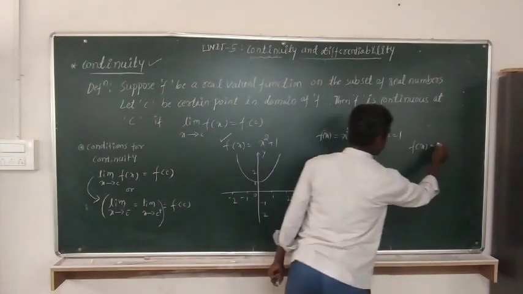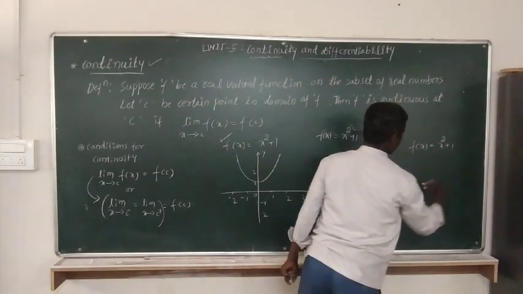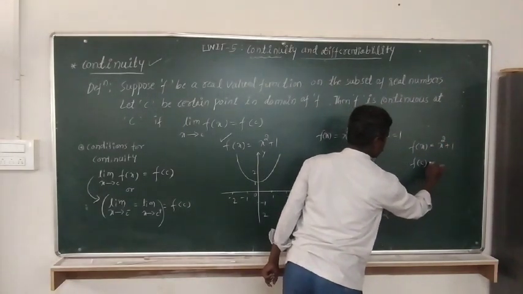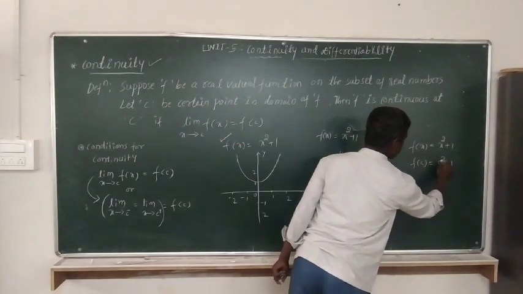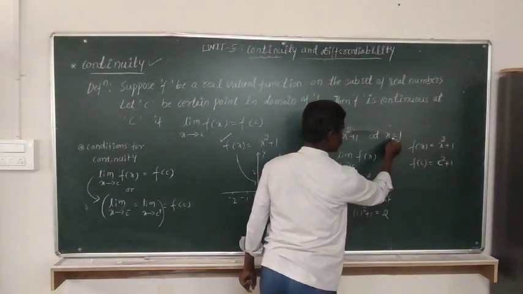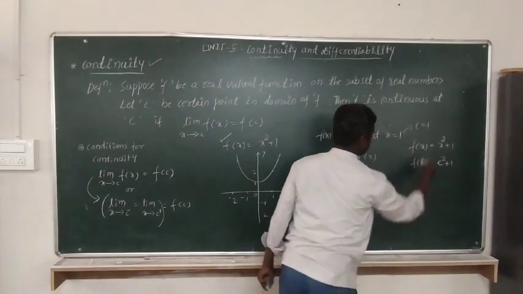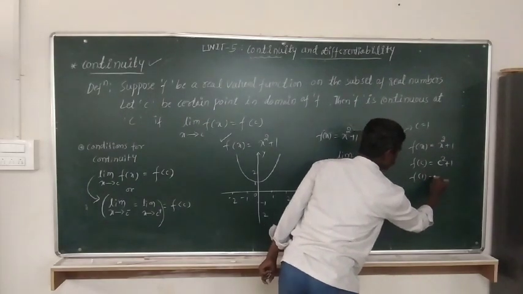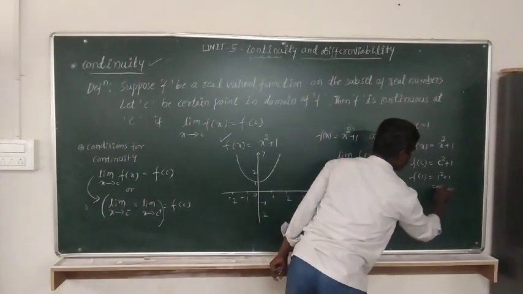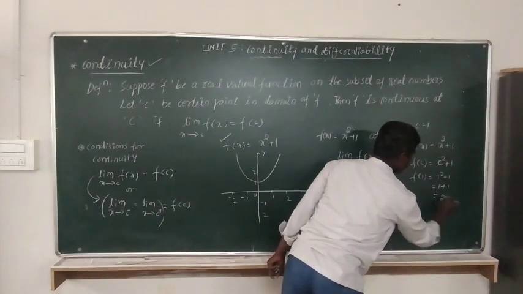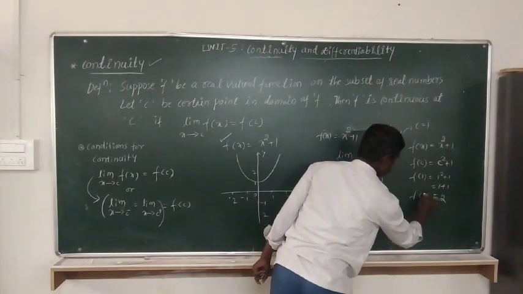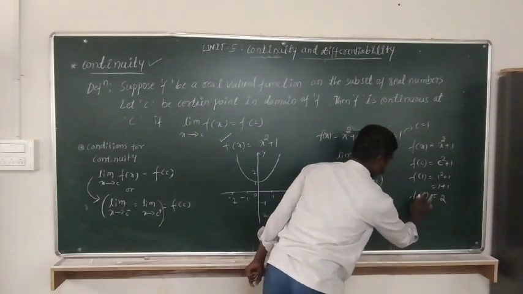Now to check f of c. The function is x square plus 1, so f of c is c square plus 1. Here c equals 1, so 1 square plus 1, that is 1 plus 1 equals 2. So this is f of c, that is f of 1.